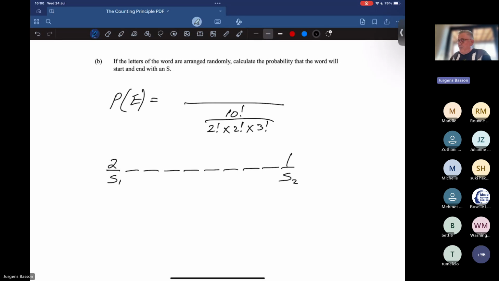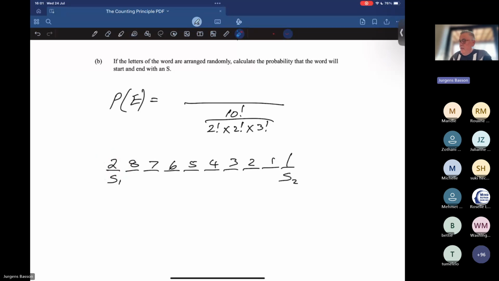So now I placed the 2 S's, and now I want to know what about the rest. So you will agree we've got now 8 left. So it's 8, 7, 6, 5, 4, 3, 2, and 1. And when we multiply, you will notice that that will give us 8 factorial, and there is a times 2.